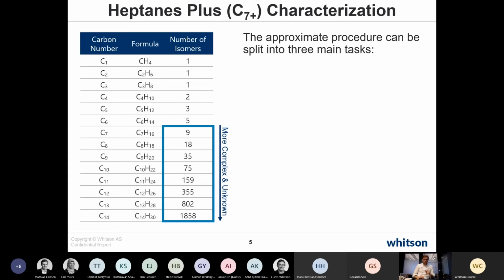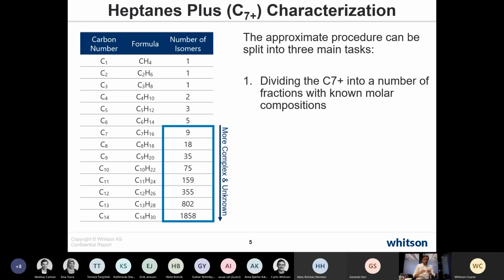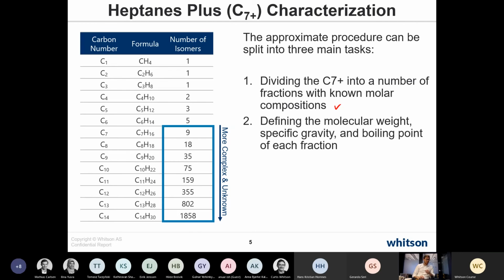So the approximate procedure can be split into 3 main tasks, where the first one is dividing the C7 plus component into a number of fractions with known molar compositions. That's where we are going to talk mainly about the gamma distribution model. And then the second is to define a relationship between molecular weight, specific gravity, and boiling point of each fraction. So this is actually exactly what can be measured in a TBP experiment, so an ASTM distillation type experiment.